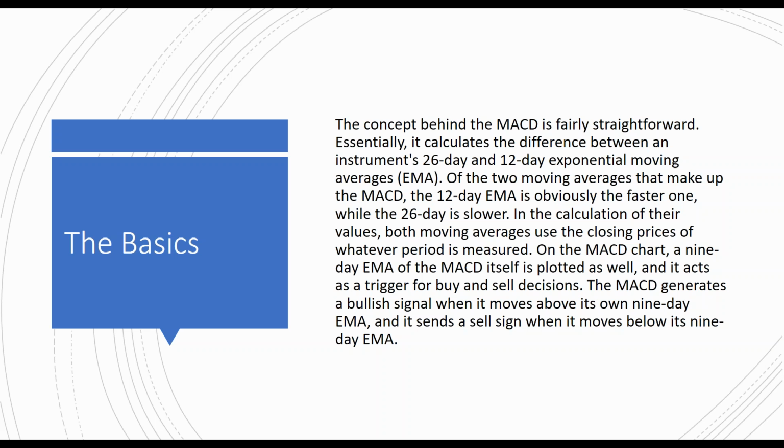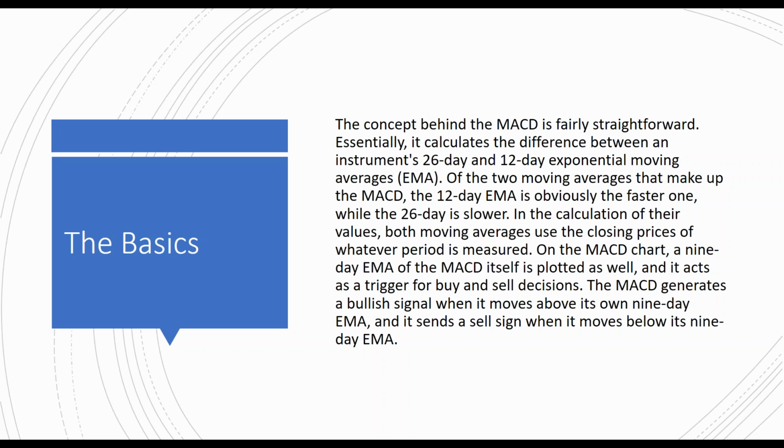Essentially, it calculates the difference between an instrument's 26-day and 12-day exponential moving average. Of the two moving averages that make up the MACD, the 12-day EMA is obviously the faster one, and the 26-day is slower.